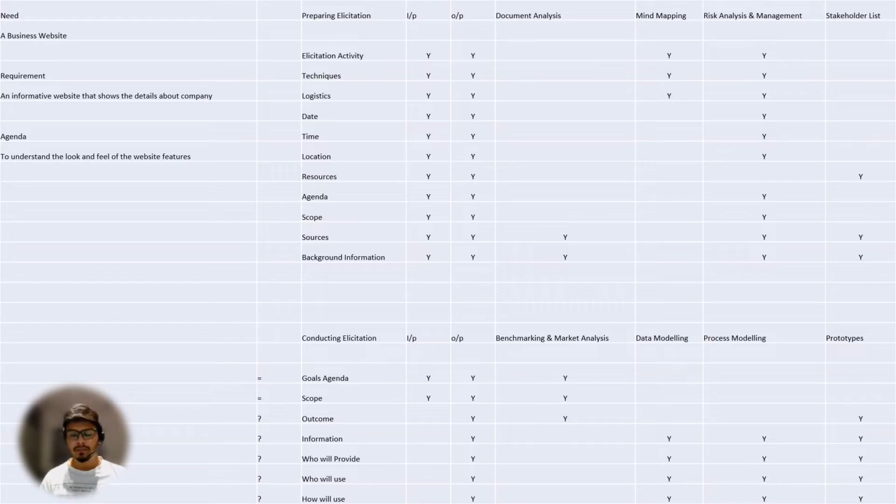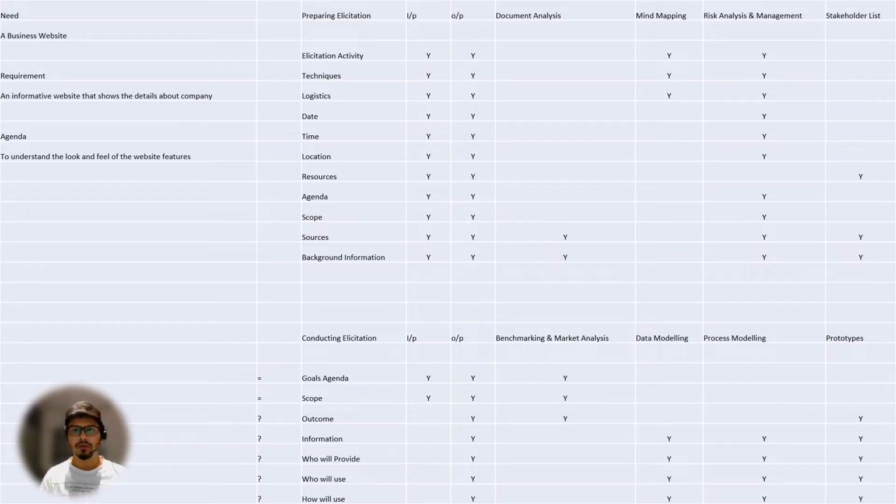So we as a business analyst need to conduct elicitation activity for the requirement, that is an information website that shows the detail about the company, and the agenda for this particular activity is to understand the look and feel of website features. Keeping in mind you need to just focus on the look and feel of the website feature, how it looks like. So the agenda for this particular activity is how the website features are and how they would look like. Okay, and what is their understanding of a website.